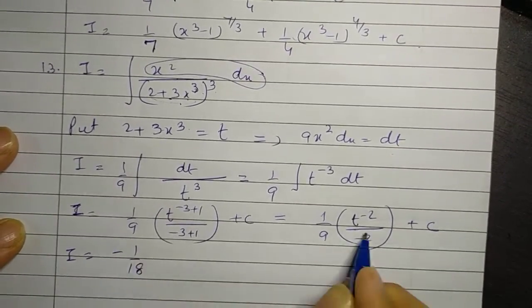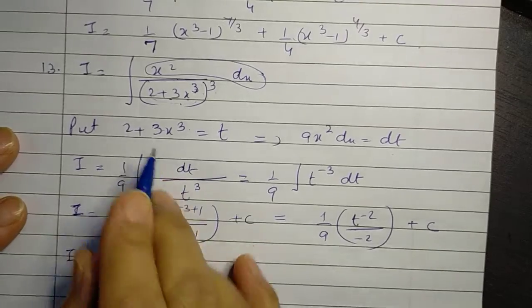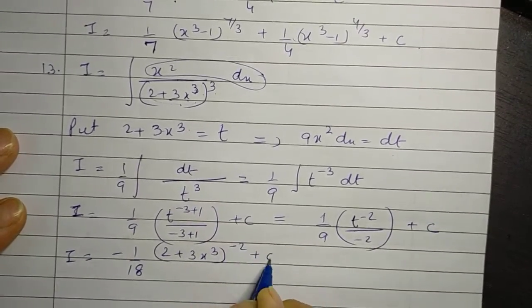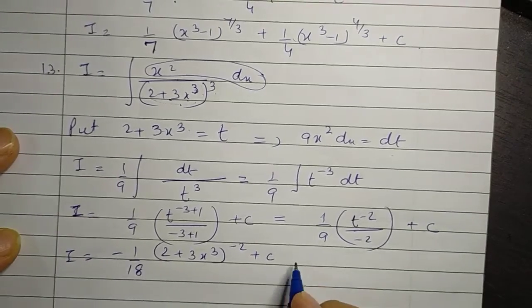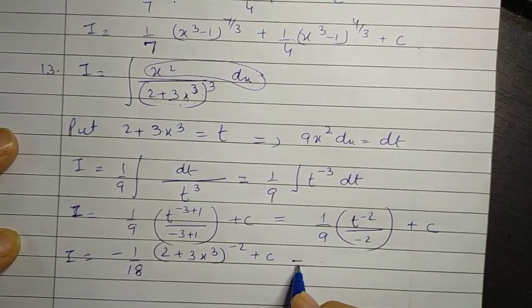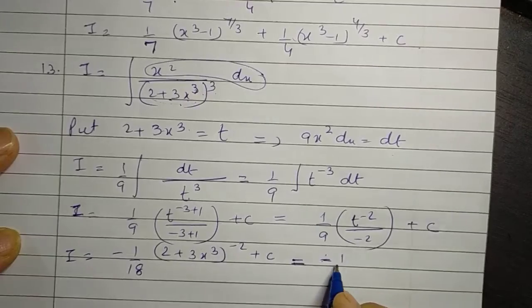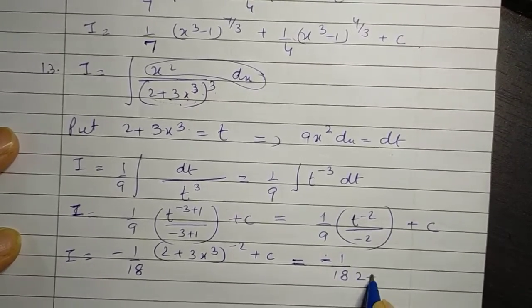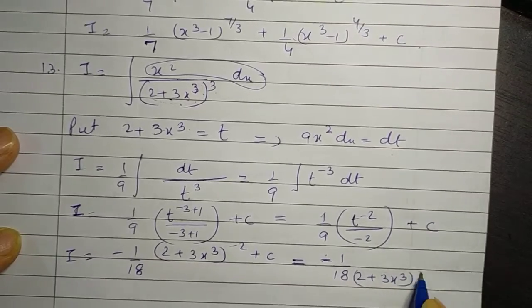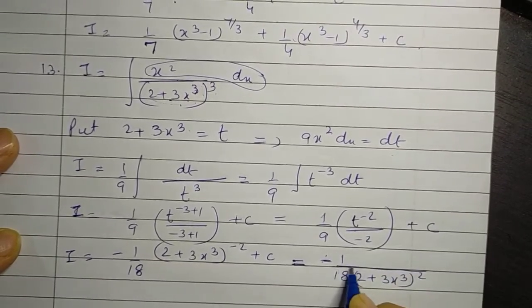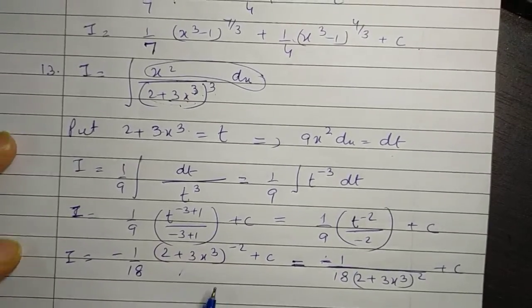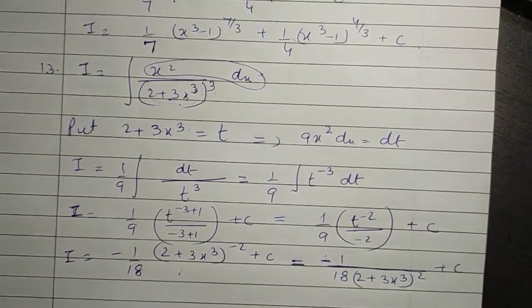Minus 1 upon 18, t is 2 plus 3x cube, raised to the power minus 2, plus c. Either you leave the answer like this, or you can write it as minus 1 upon 18 times (2 plus 3x cube) whole square, plus a constant. Either way you can leave the answer.